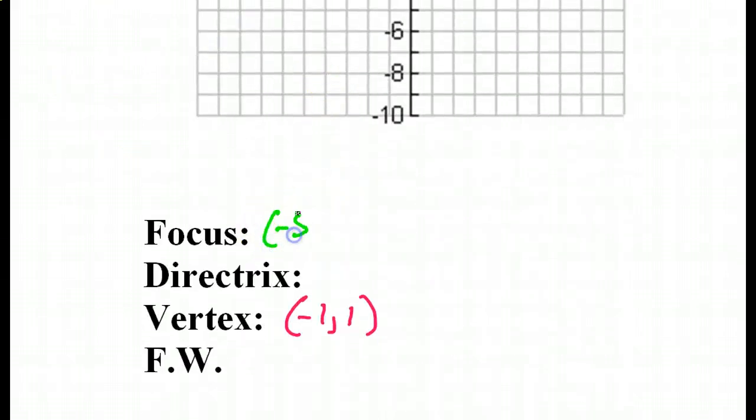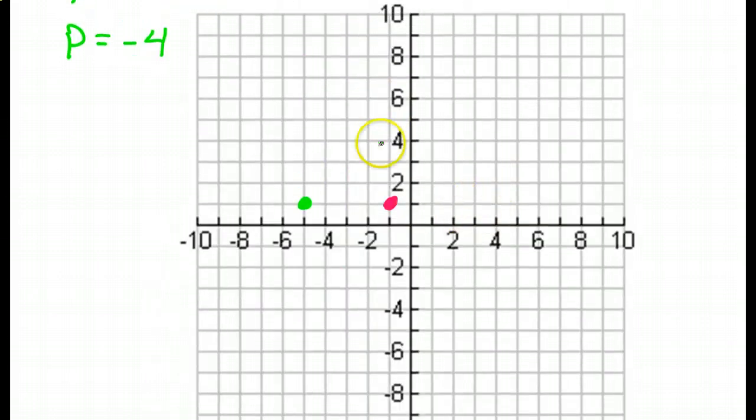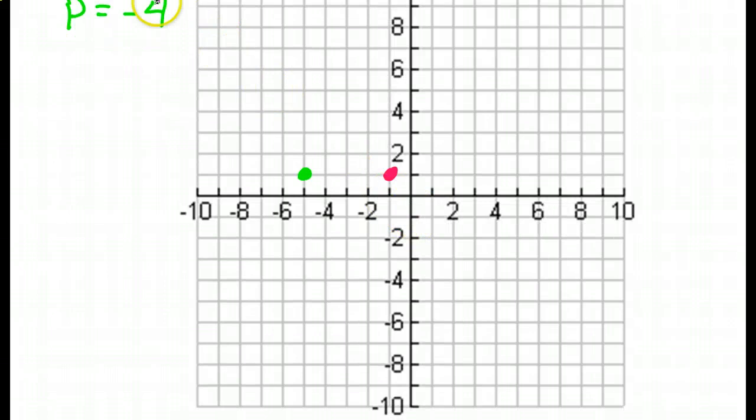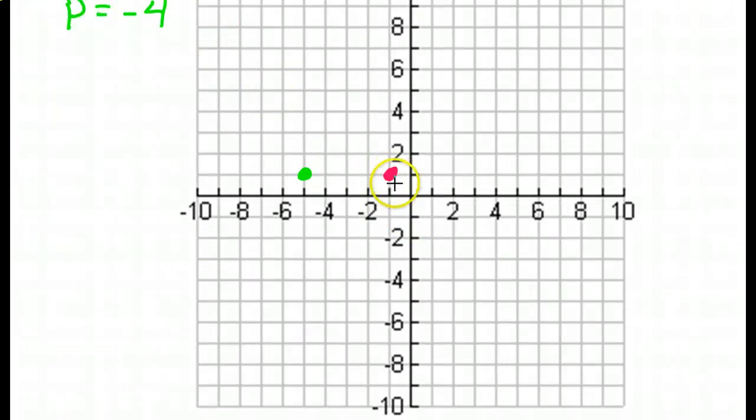Now the directrix will be in the opposite direction. Okay, so I went 4 to the left, so I'm going to go 4 to the right.